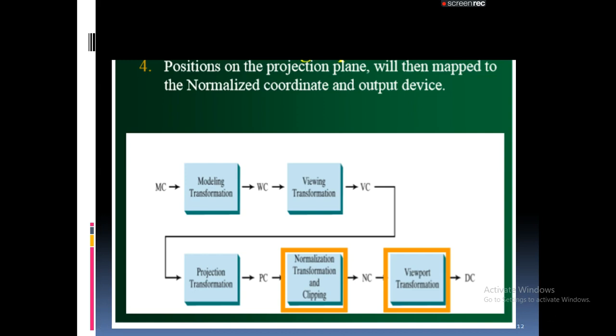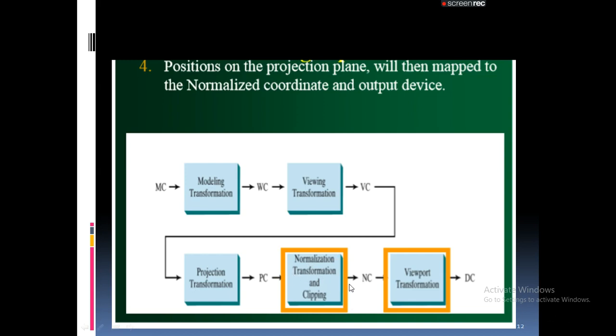When it becomes device independent, whatever object you created here can be displayed irrespective of display devices, either on a desktop screen, laptop screen, tab screen or mobile screen. That is the purpose of performing normalization.